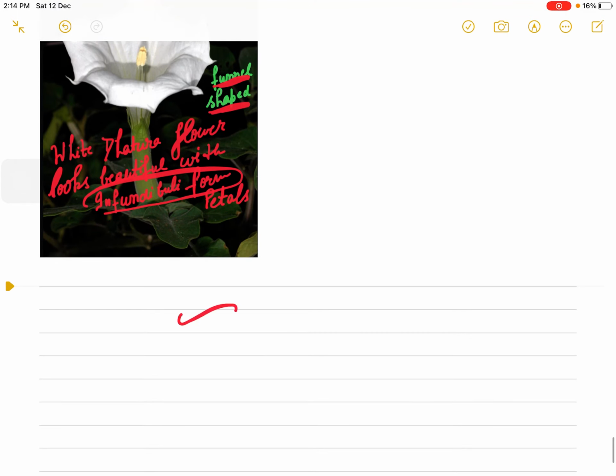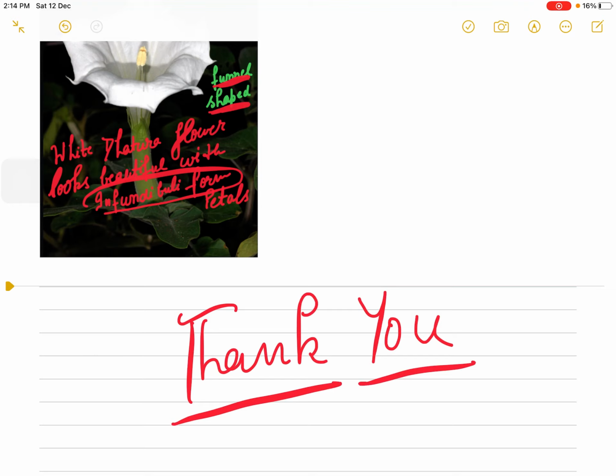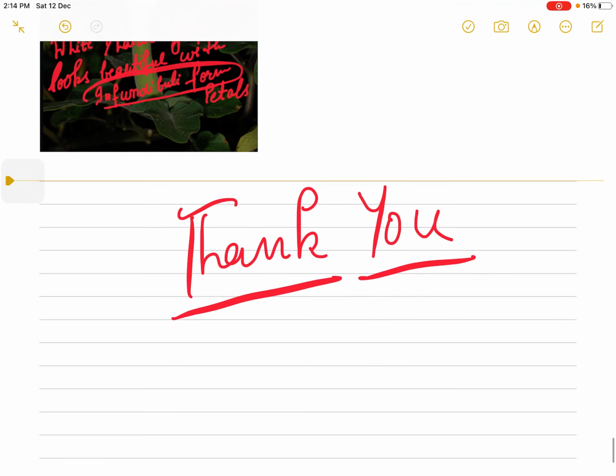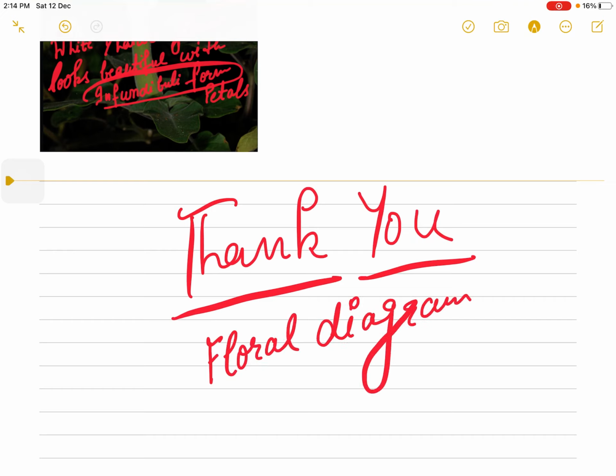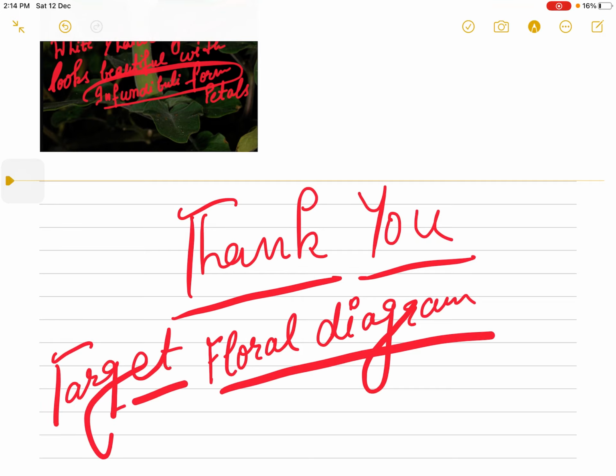This is all about corolla. Next we are going to talk about estivation as well as inflorescence, so that we can draw our floral diagram without any confusion, because that is the main target of this chapter.